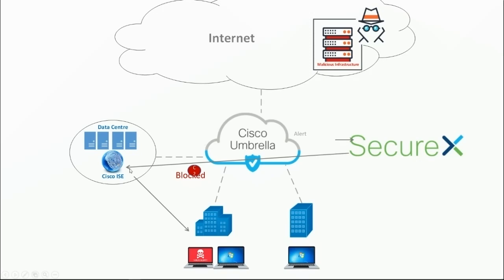So Cisco ISE is going to push a predefined policy, which may enforce a security rule at the network access layer switch where the infected device is connected, or it could be connected over a Wi-Fi network, but it doesn't matter what type of network is used, it will eventually limit the movement of that threat inside your network. So let's move on to the demonstration of this type of attack.